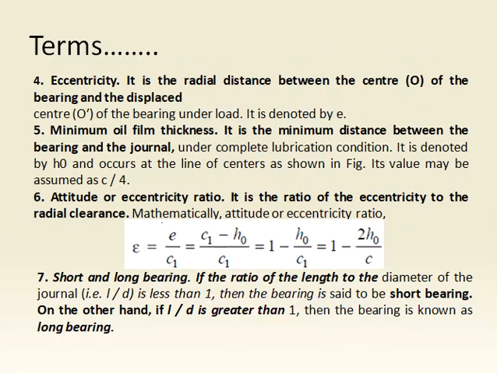Next one, attitude or eccentricity ratio. It is the ratio of eccentricity to the radial clearance. So e by C1. Radial clearance means C1, it is not diametral clearance. Diametral clearance is C, but radial clearance is C1. So you can write e is equal to C1 minus h naught.